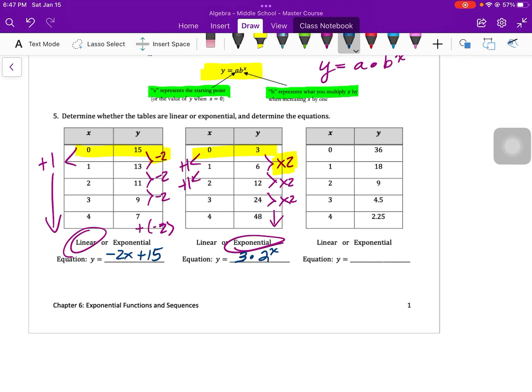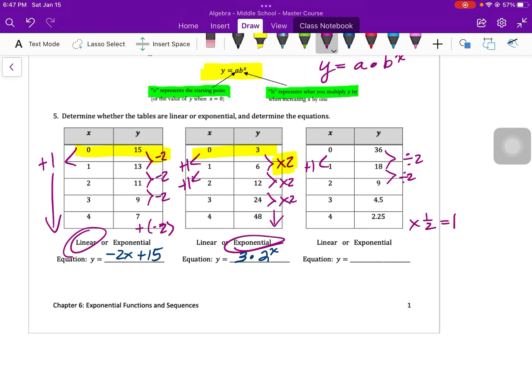Let's look at this last function. This one, as x is increasing by 1, here we're dividing by 2 each time, but remember, we always have to express a linear function in terms of addition and an exponential function in terms of multiplication. So dividing by 2 is the same as multiplying by 1/2.